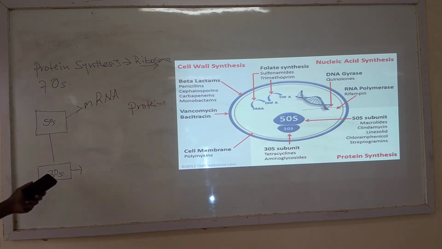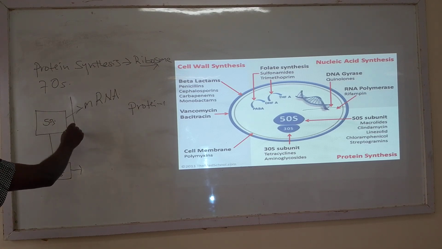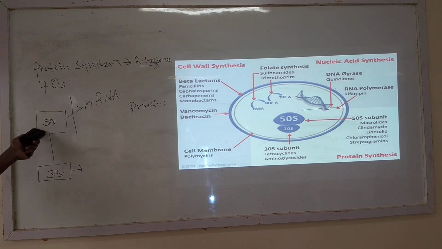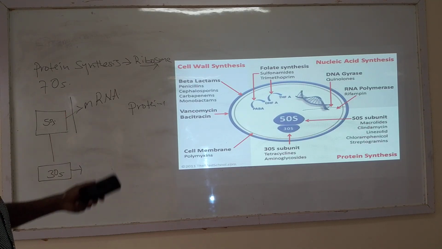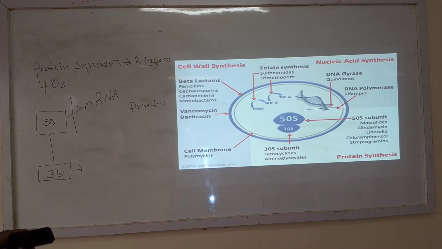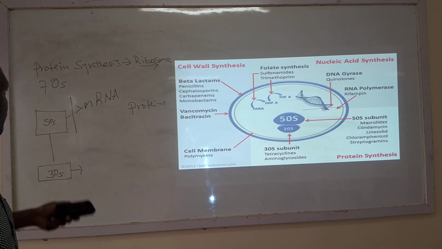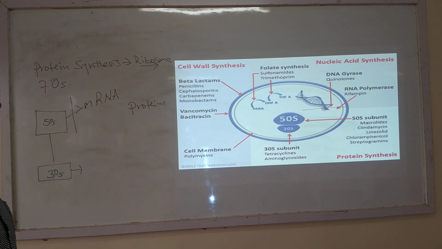So if I bring an antibiotic to block here, this ribosome will not be able to decode information from messenger RNA, that process will stop, and therefore the bacteria becomes halted. Remember, the bacteria cannot grow if protein production has been stopped.